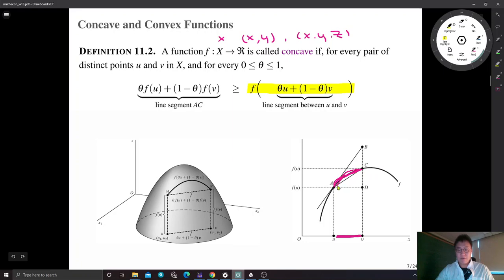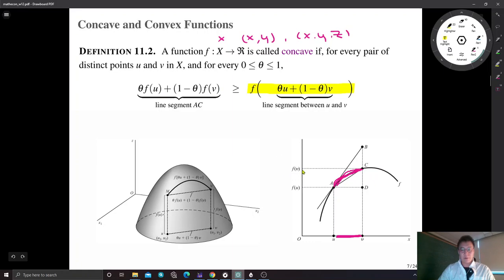If we compare this with the line segment AC, that is going to be the left-hand side. We have f of u and f of v, two different points.